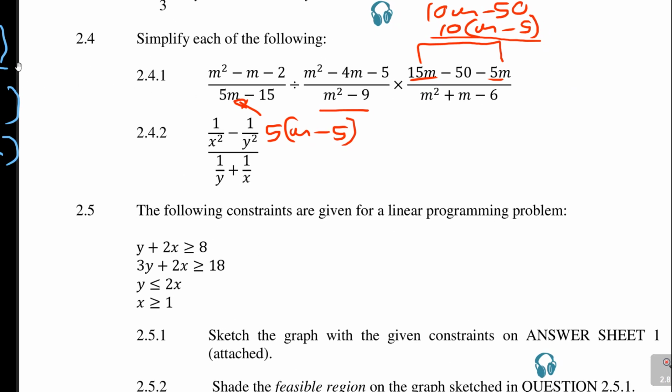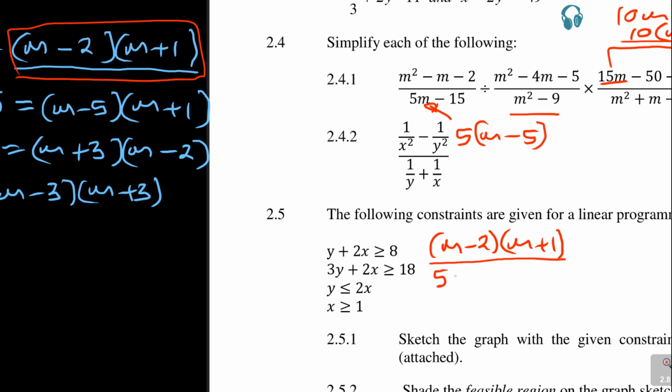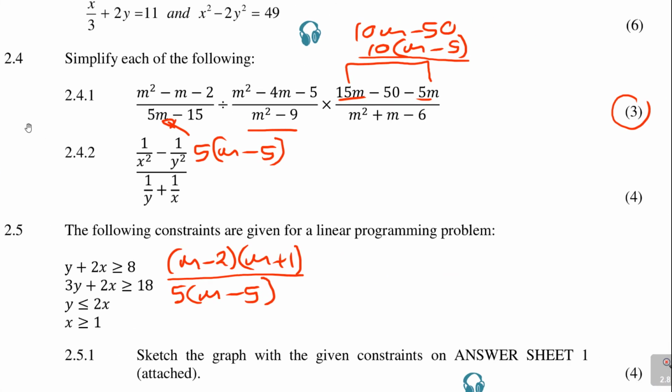You can even now start writing it. Let me just write it here on top. What was this m? The first one, I'll write it like this, m minus 2 and m plus 1, because that is the first one, divided by, as you can see, 5m minus 5. Now when you see the division sign, I'll convert it to a multiplication, but you know what you do, you take this bottom to the top, and you take that top to the bottom, you flip them.